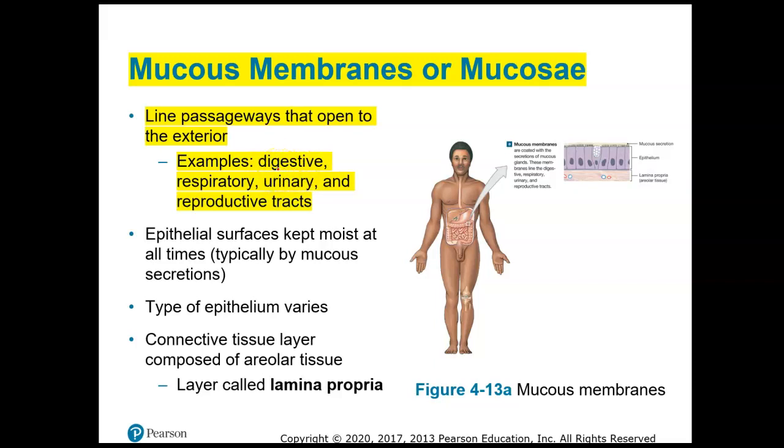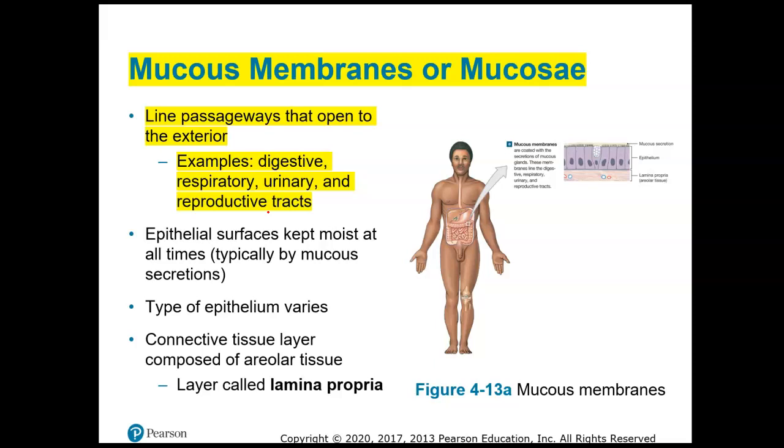The urinary tract, where urine leaves the body, the urethra, is lined by mucous membranes, and then the reproductive tracts of the male penis and the vagina are lined by mucous membranes.